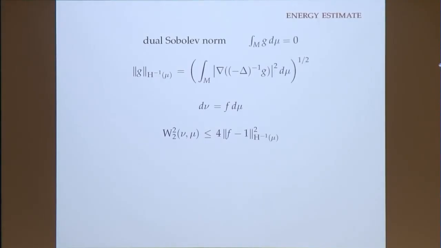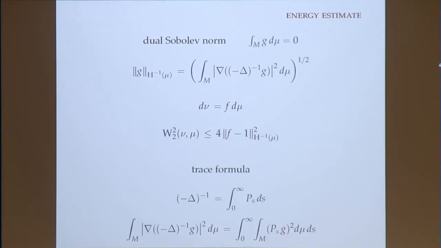One interesting point about W2 is that you can make more explicit this dual Sobolev norm in the following sense. Formally, the inverse of the Laplacian is given by the integral of the semigroup, of the heat semigroup Pt. And just using some integration by parts, you can simply rewrite this dual Sobolev norm as a trace of the semigroup.